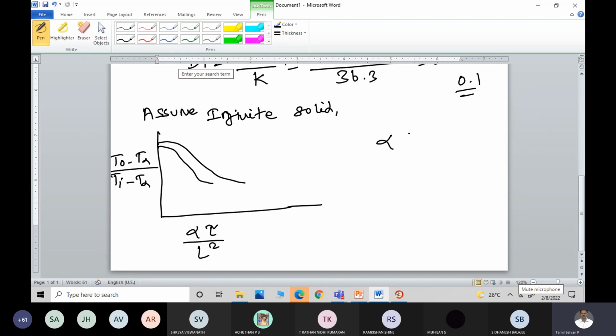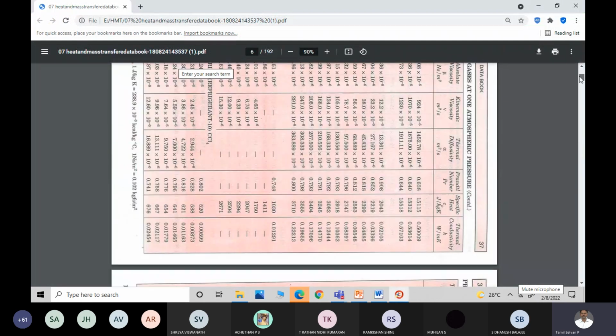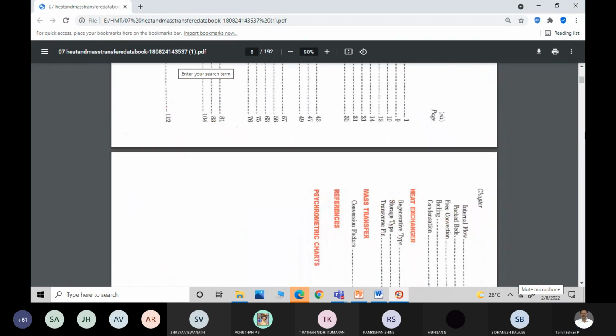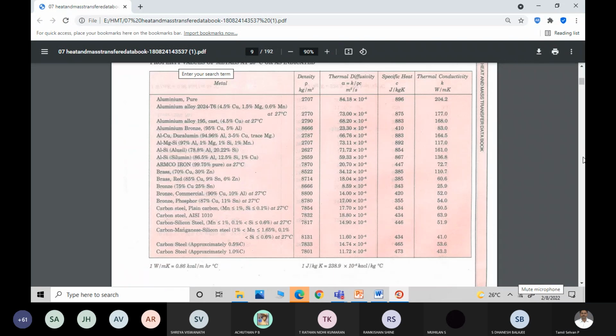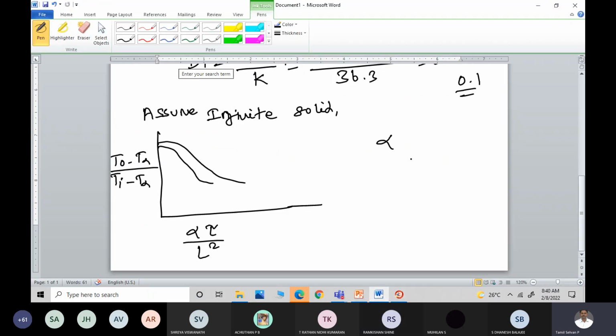Now, what is alpha? We have to check the alpha value, whether it is given on page number 2. You have to take the alpha value also. Thermal diffusivity is given, right? For carbon steel, it is 9.7 into 10 power minus 6.